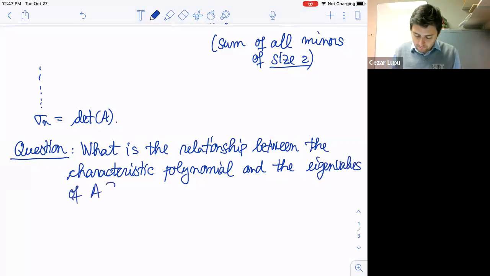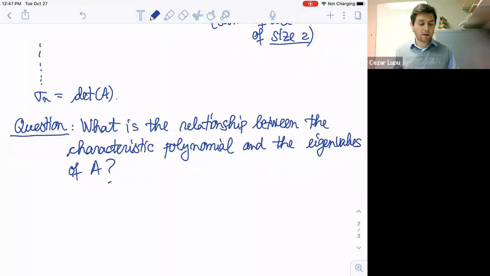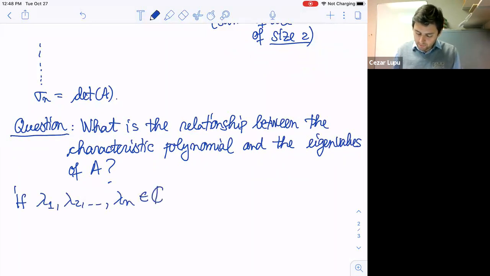That is the question. Let me remind you of something from polynomials, from lecture, I think week 2, if I remember correctly. If I have these complex numbers lambda 1 to lambda n, in C, which are the eigenvalues of A.